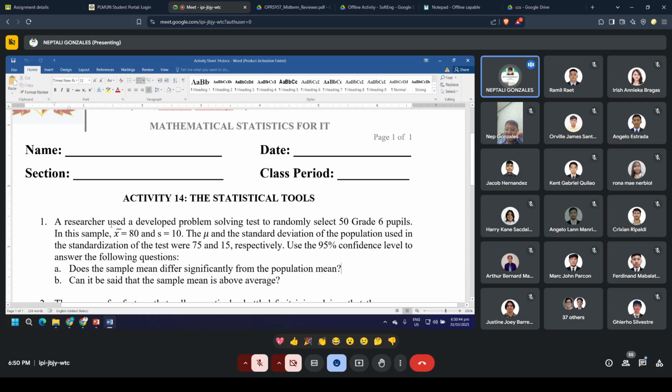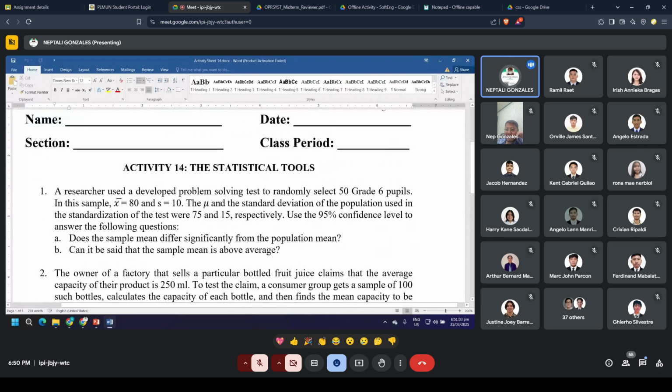So that is X bar is equal to the mu. HA, or the alternative hypothesis, X bar is not equal to the mu. Ibig sabihin, magkaiba daw. There is a significant difference between the sample mean and the population mean.